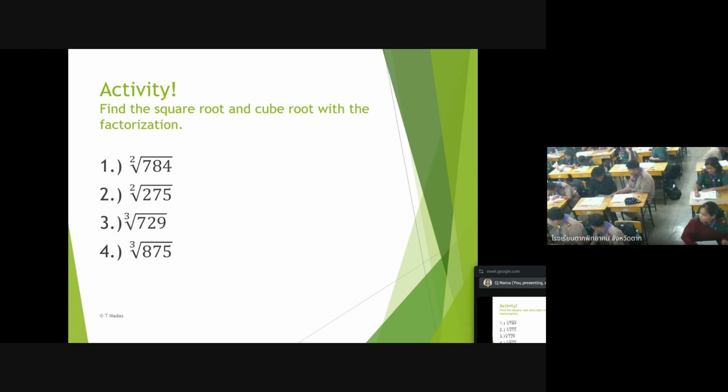Number 1. Okay. Sit properly. 5, 4, 3, 2.